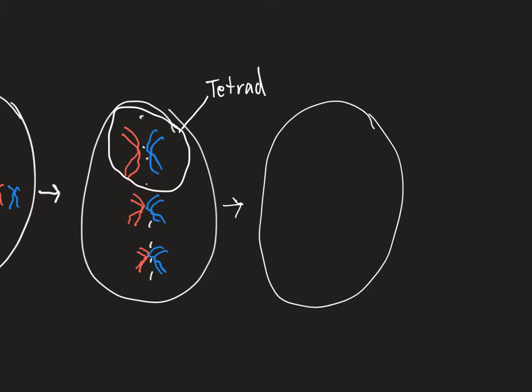So this is the chromosome type 1 tetrad, and this down here is the chromosome type 3 tetrad. Okay. So when the tetrads split, it looks something like this.